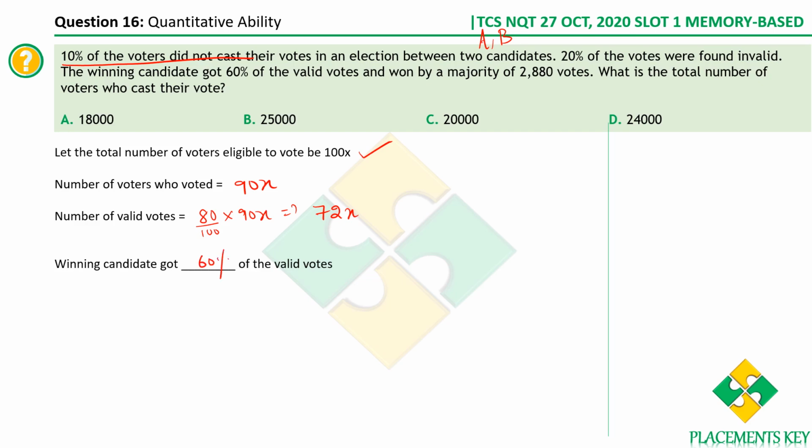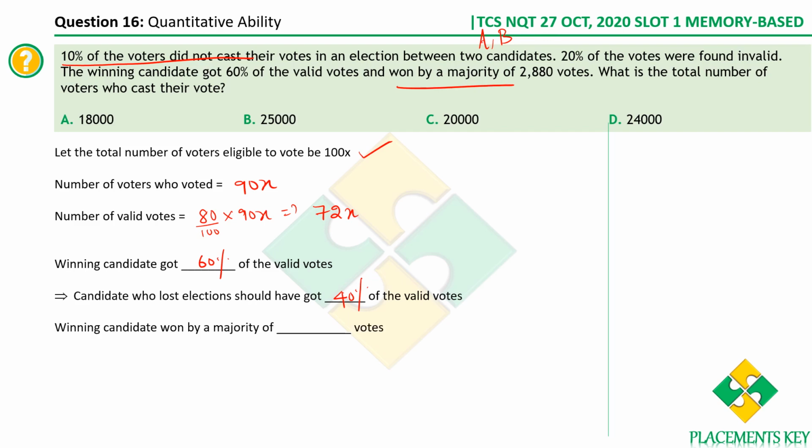Okay, that is given. So that implies the candidate who lost the election should have got how many votes? We know that the winning candidate got 60% of the valid votes. So the one who lost should have got 40%, 100% minus 60%, of the valid votes. It's clearly given that the winning candidate won by a majority of 2880. So we can formulate an equation.